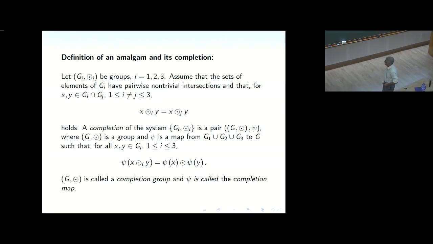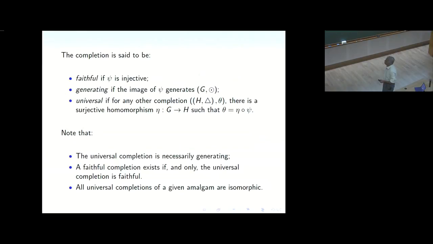So x and y are just elements in G_i. You look at their product and their image, and that agrees with the product of the images of x and y in G. This is called the completion. And then there are the natural definitions of faithfulness, generating, universality, and so on.